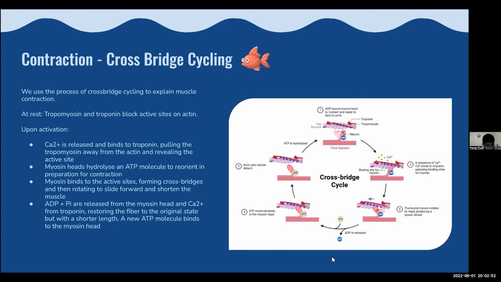After this, myosin binds to the active sites, and that's when a cross bridge is formed, okay? So a cross bridge is when myosin finally binds to the actin. Now, what happens then is the myosin rotates forward and shortens the muscle, okay?